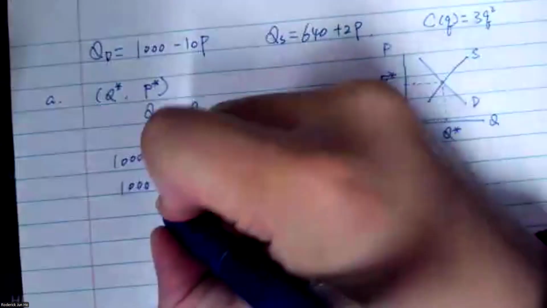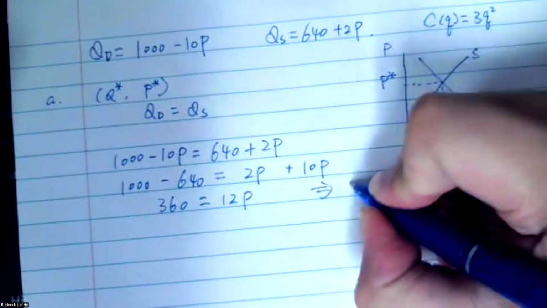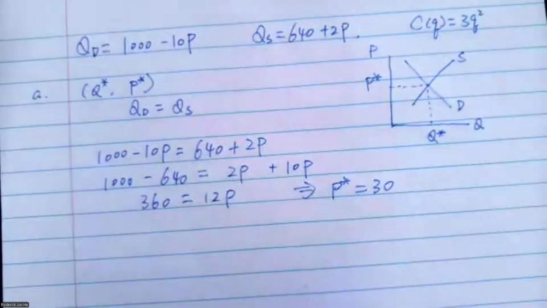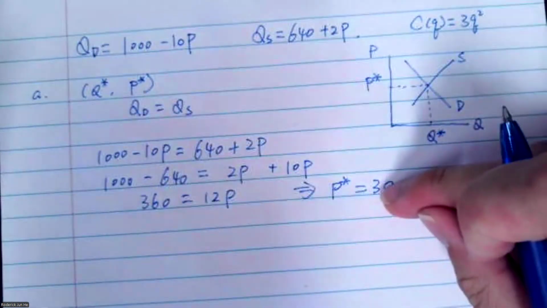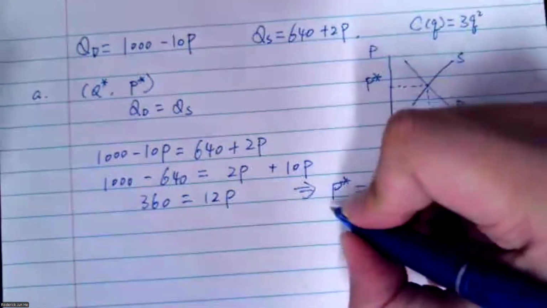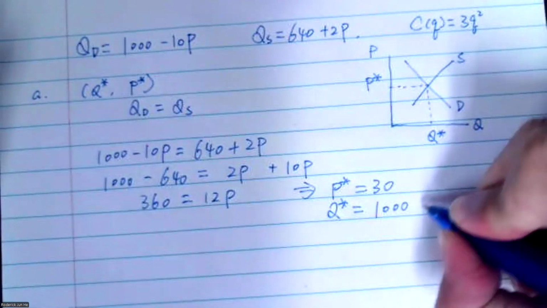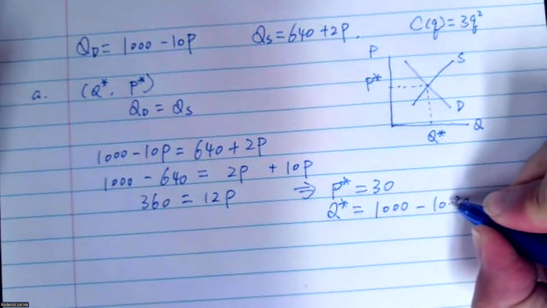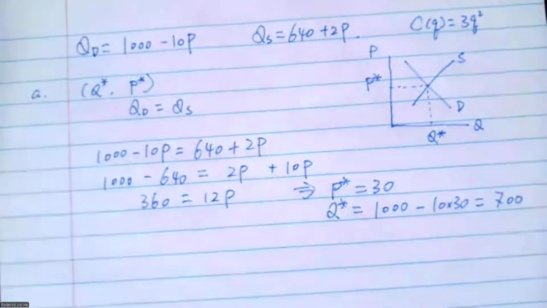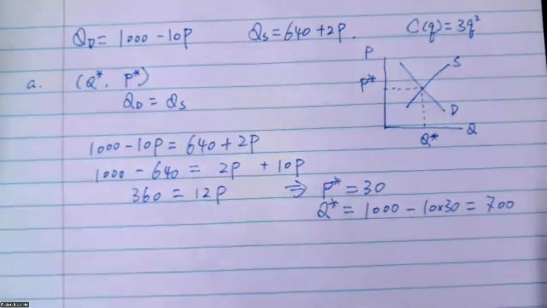So that is 360 equals 12p, so p star equals 30. Then we plug p equals 30 into either equation, and they should give you the same result. For q star, I'll take the first one, 1,000 minus 10 times 30, which is 700. That is the quantity for the entire market.